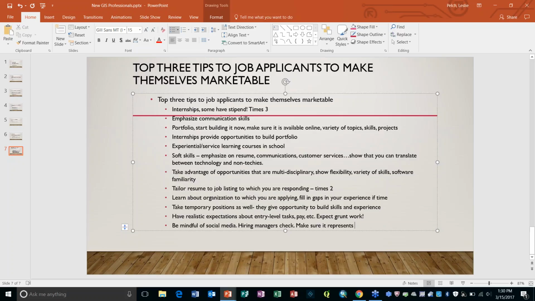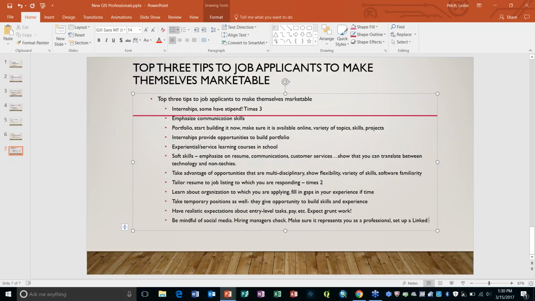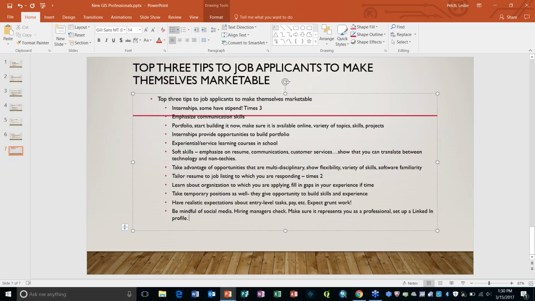That is the first impression that the hiring manager has of you, right? So they're going to see what you look like. They're going to match your resume up with your LinkedIn profile and see if there's anything maybe they can learn about you from LinkedIn that they couldn't necessarily see on your resume. So LinkedIn is always a good idea. Hiring managers always look for that, and it speaks to professionalism if you've got one in place already.